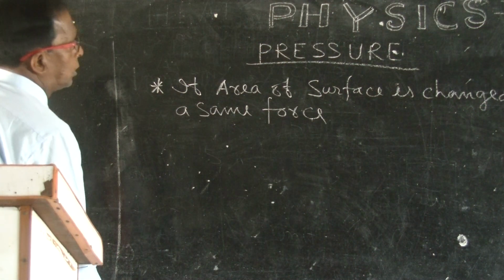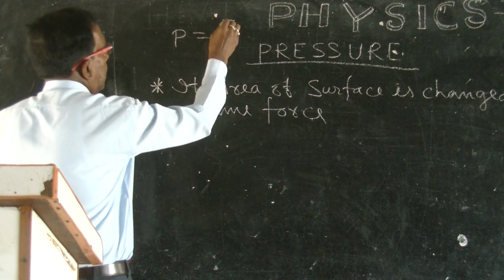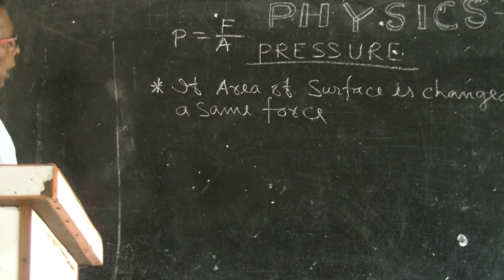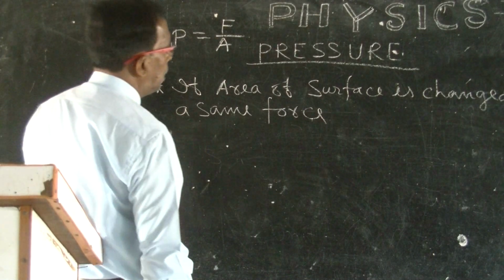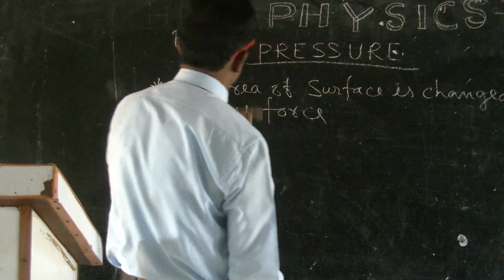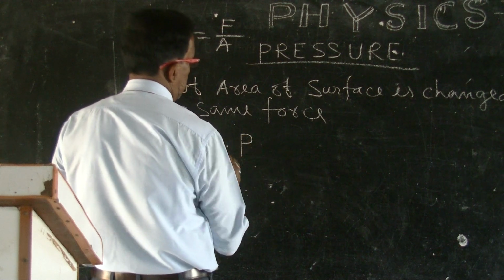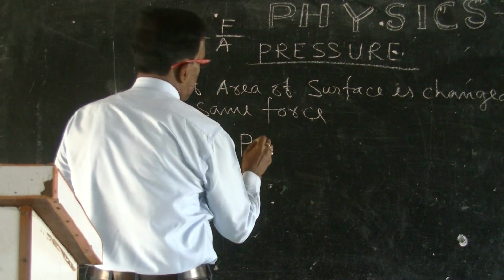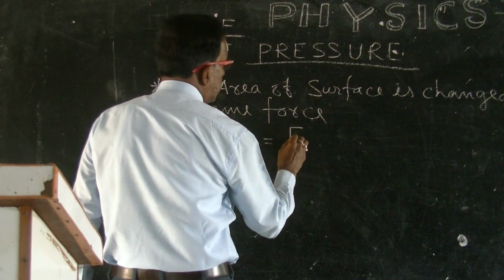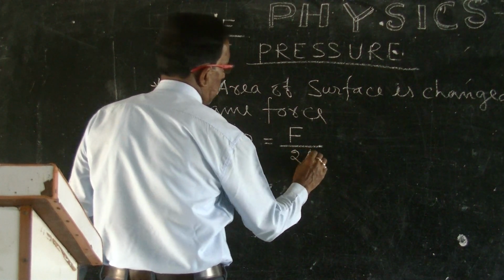In any case, let the pressure be P, force F, and area of cross section A. If the area of the surface is increased, then what is this pressure P2? Force is the same, but the area of cross section is 2A.